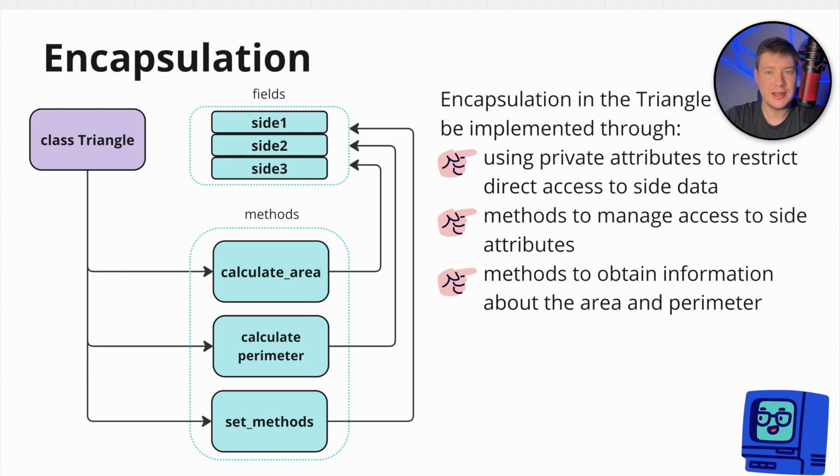Here, encapsulation in the Triangle class can be implemented through using private attributes to restrict direct access to side data, methods to manage access to side attributes, and methods to obtain information about the area and perimeter.